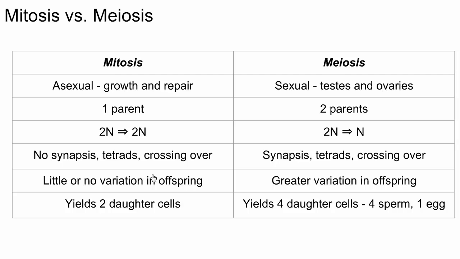There's no variation in the cells produced in mitosis. There is variation in the cells produced in meiosis. Mitosis yields 2 daughter cells. Meiosis yields 4. 4 will become sperm cells, but again, only one will become a functional ovum in the female. The other 3 polar bodies just dissolve.